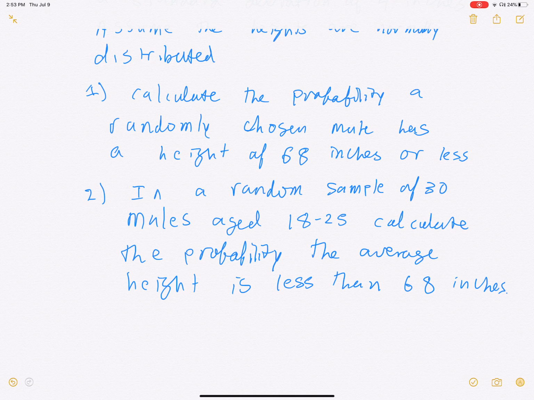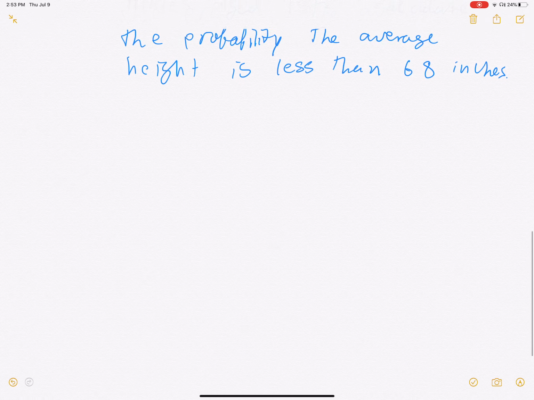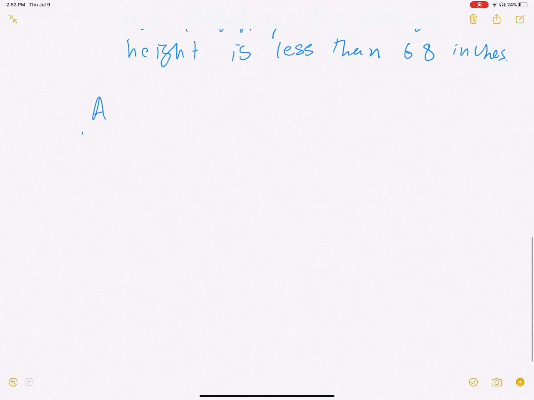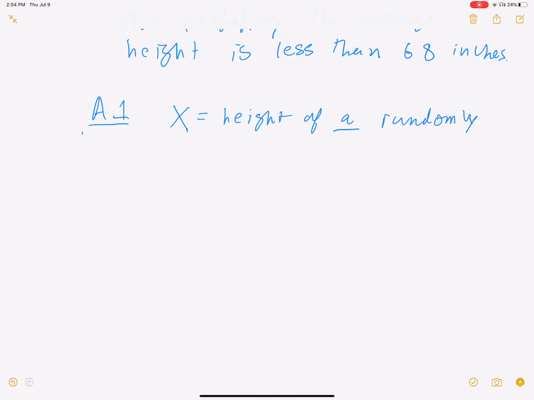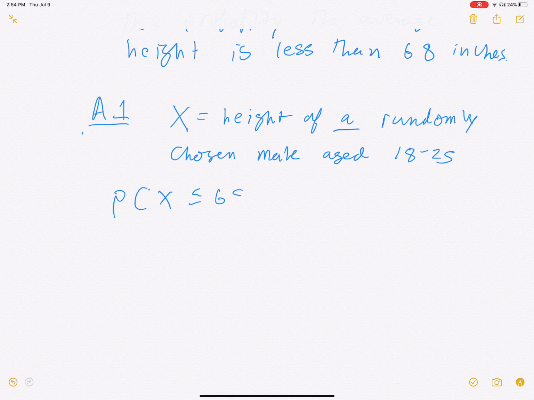Okay, so let's proceed to answer the very first question. Let x be the height of a single, randomly chosen male aged 18 to 25. We want to calculate the probability x is less than or equal to 68 inches.